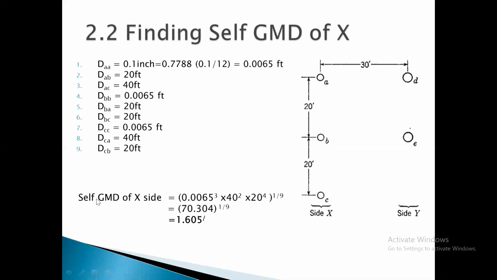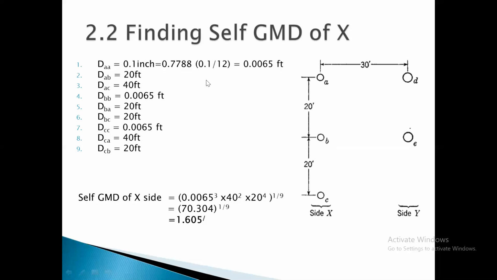So now for the self GMD of side X, I have to multiply all these. There are 9 values, so I am putting in the formula 1 divided by 9, 1 divided by n. This is the formula of GMD, geometric mean distance. So there are 9 distances, so I put 9 here.